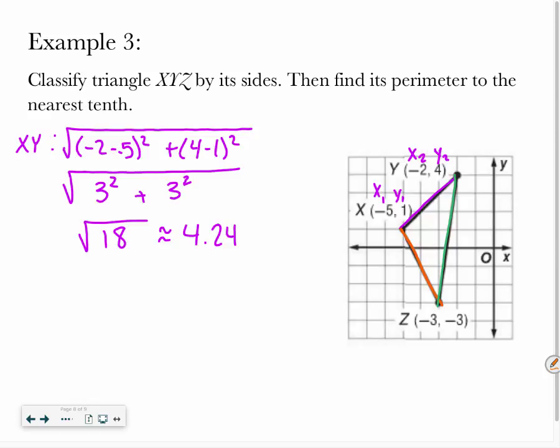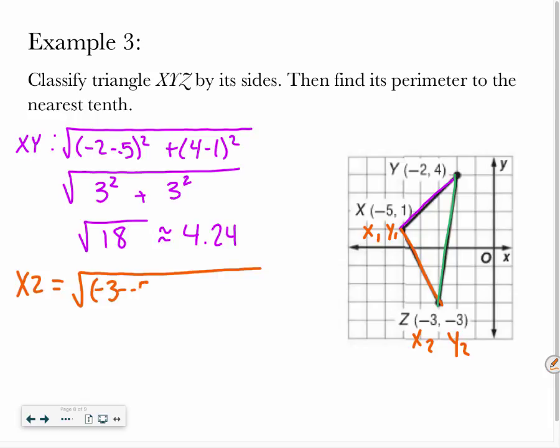Let's try looking at XZ. And XZ, if I solve that one, I'm going to use negative 3 as my x2, y2, and negative 5, 1 as my x1, y1. So I start with negative 3 minus a negative 5 squared plus negative 3 minus 1 squared.